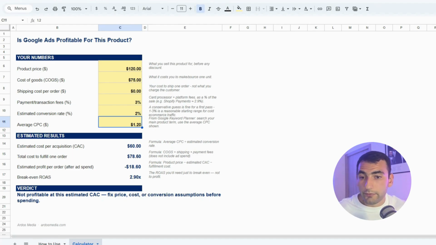Now, if your margin is thin, the lever is either lowering your CPC, testing a different product with better margin, or increasing your average order value. With low profit margins, it's going to be very tough, especially in the world of advertising where costs are always increasing. If numbers come back even slightly positive, then you're good to go, because in reality, this is not the CPC that you're going to see in the account.